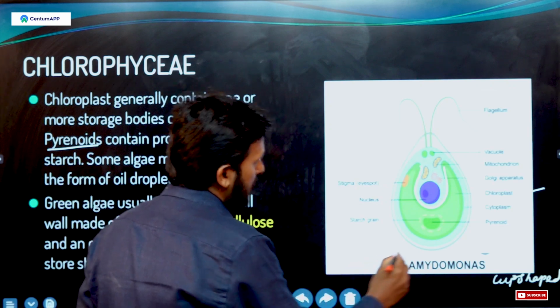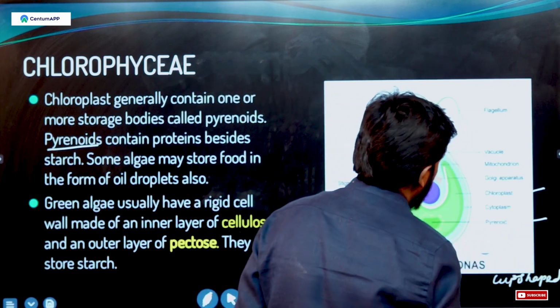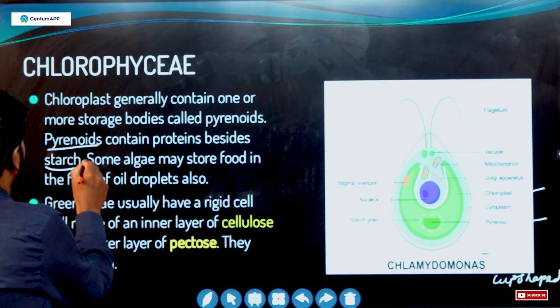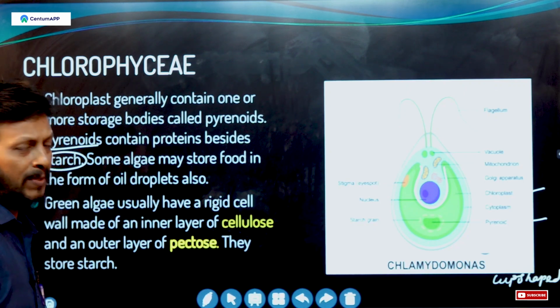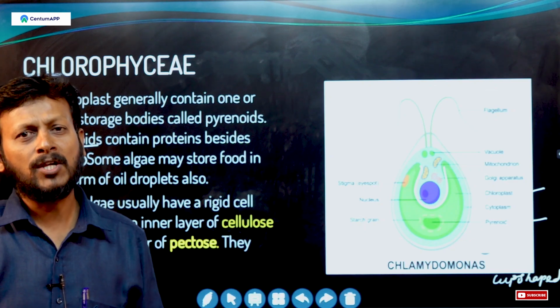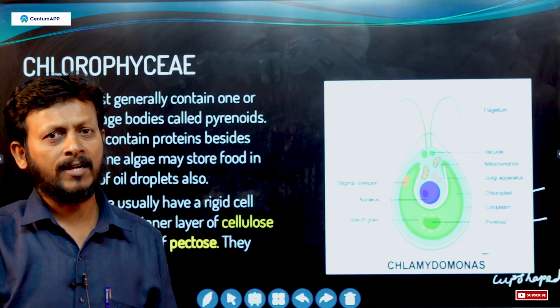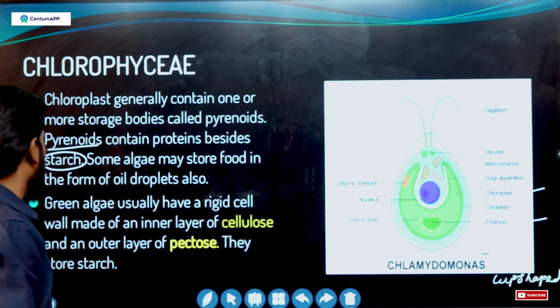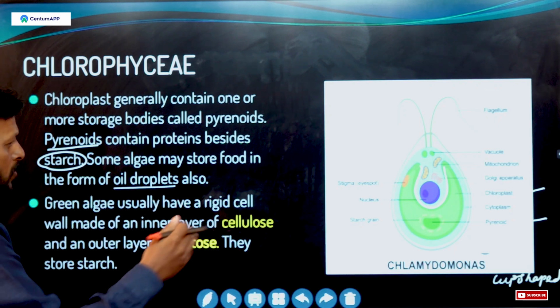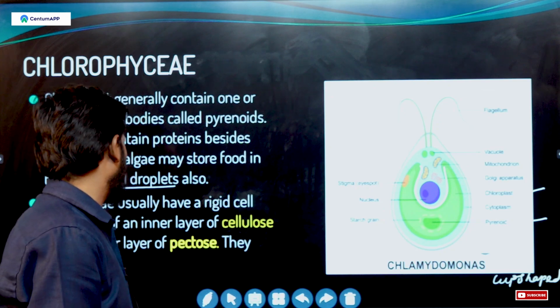This pyrenoid stores starch, especially in Chlamydomonas, a unicellular, motile organism. Oil droplets are also stored in Chlamydomonas.